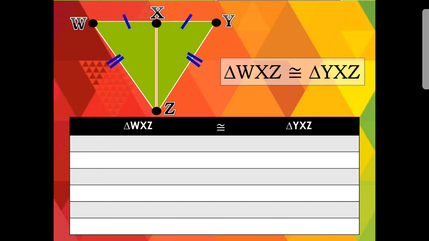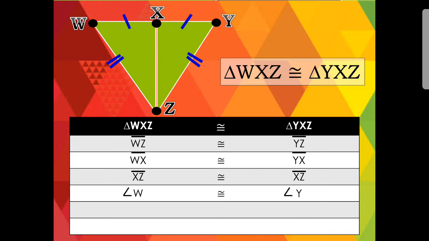Let me give you the first congruent part, side WZ congruent to side YZ. What is the next side? Side WX congruent to side YX. As you can see, there is a common side, side XZ. So, side XZ is congruent to side XZ.